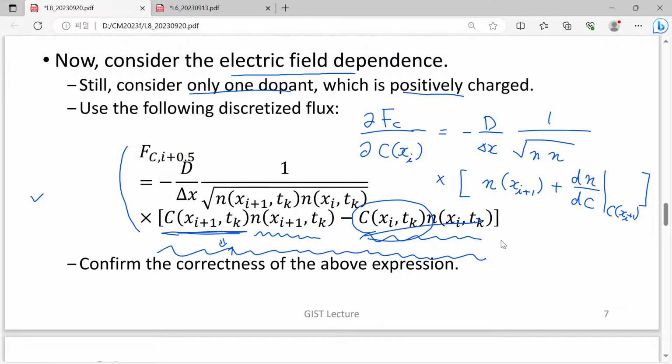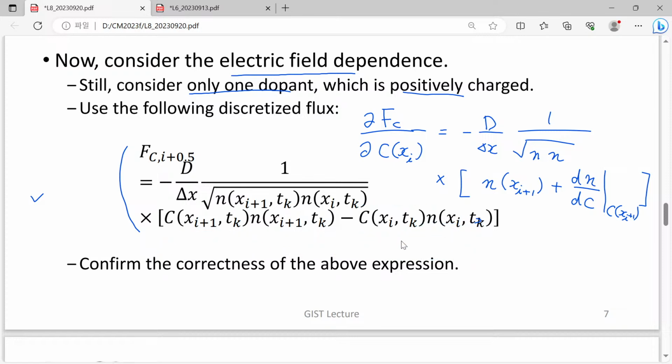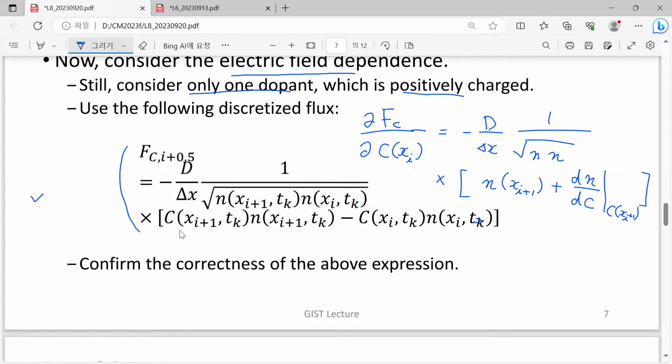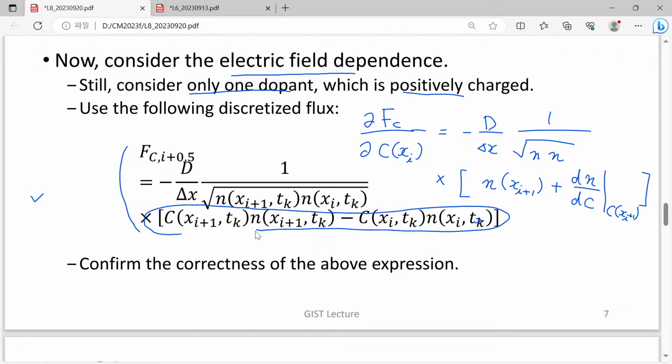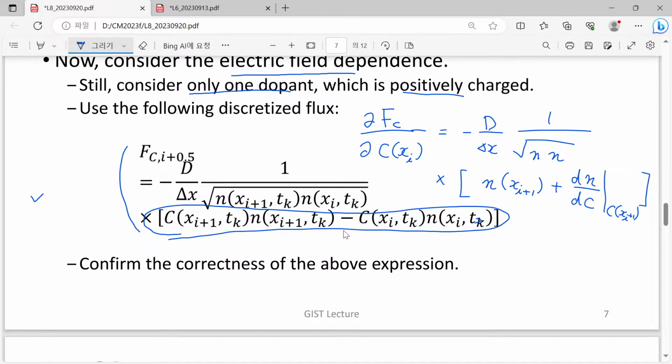Are you with me? You are right. So that is my next discussion. Of course, up to now, we have been taking the partial derivative of this term. The partial derivative of this term can be written this way, and we have an additional leading factor.